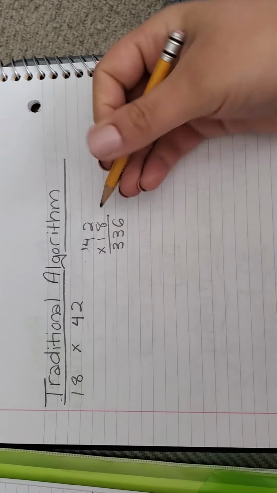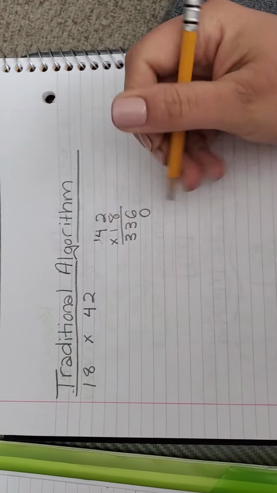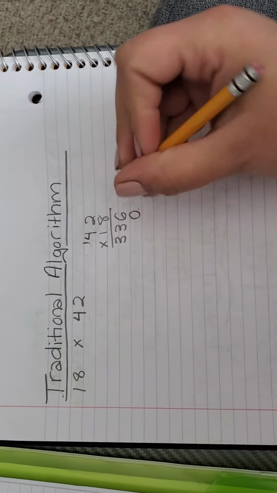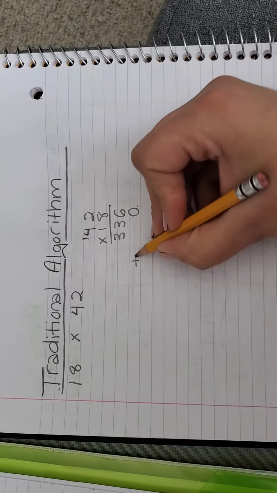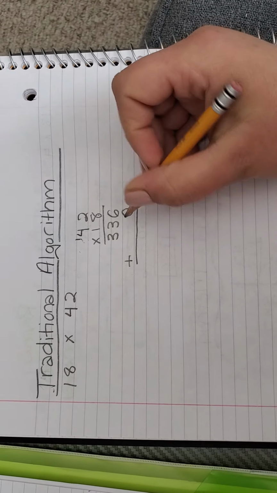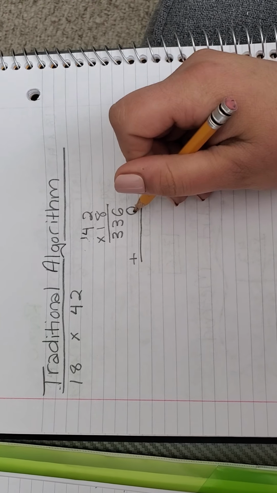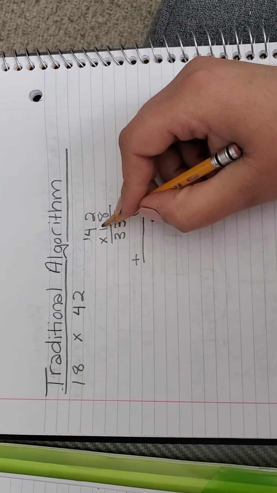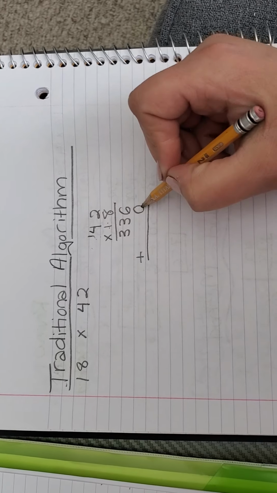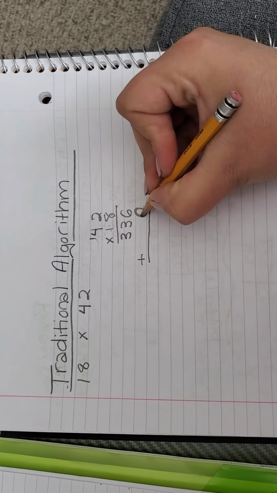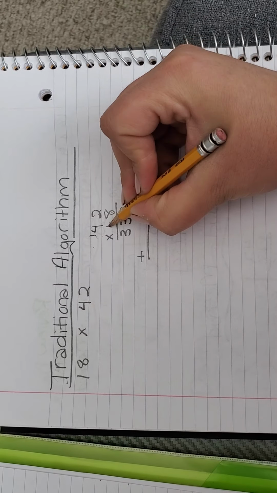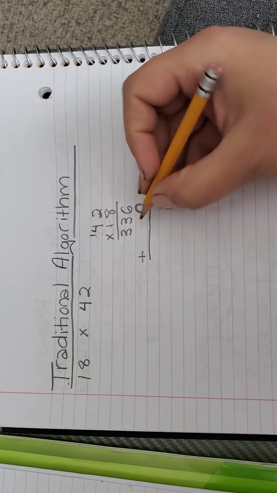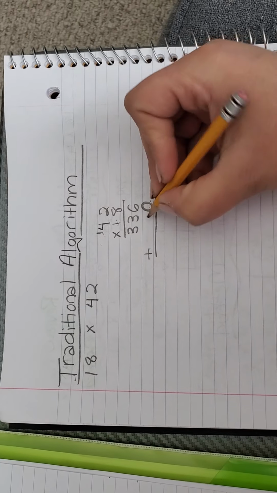So when they do this, and then they add their 0, they don't know why there's a 0. They just know that they're supposed to. But this 0 is representing the fact that all these places we're about to multiply are actually 10 times something, which is why we have the 0 here, because we're saying 10 times 2 instead of 1 times 2.